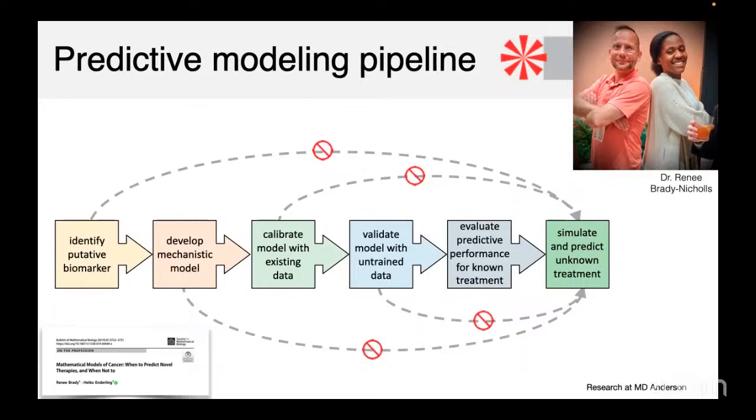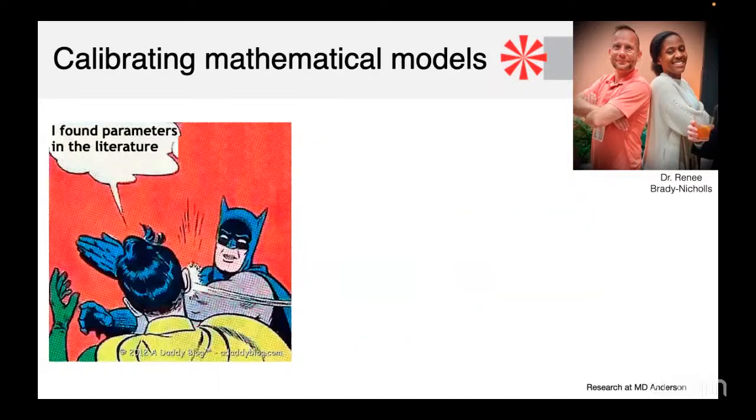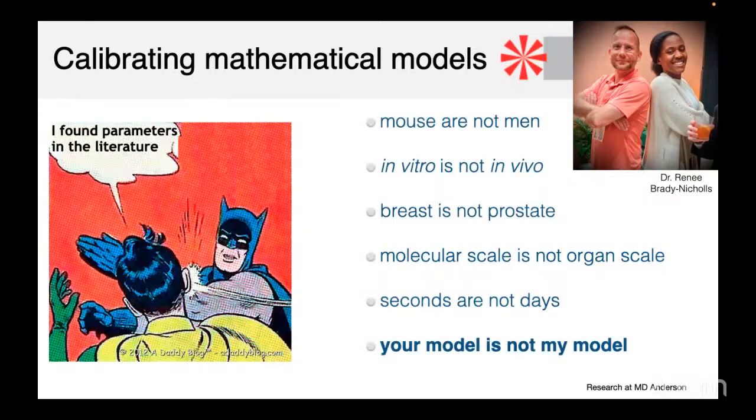So in the last couple of minutes, I want to talk a bit more about the calibration box that is here. And here you go. This is my favorite quote: I found parameters in the literature. So a couple of words of caution. Mice are not men. In vitro is not in vivo. Breast is not prostate.